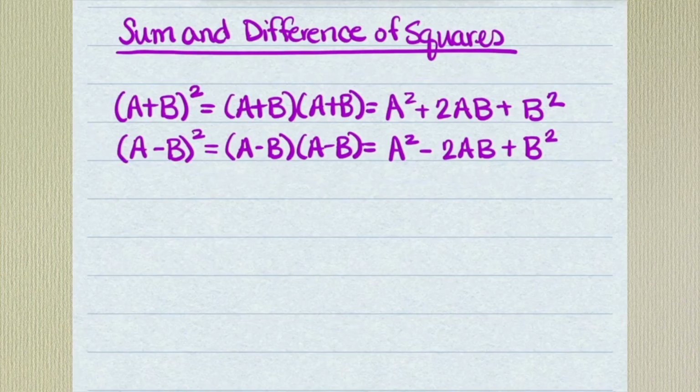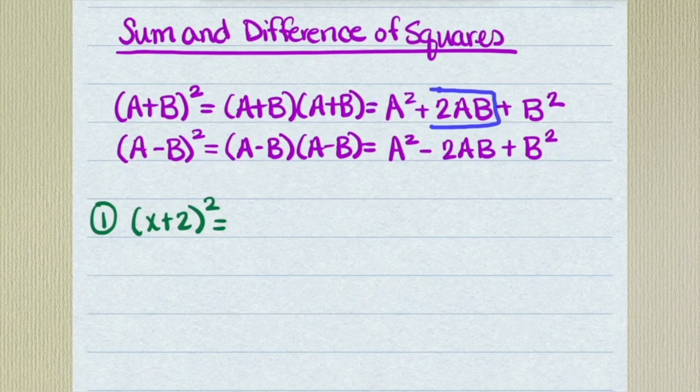So let's look at an example. If you have x plus 2 squared, the property says square the first term, take 2 times the first term and the second term, and then square the last term, because it's a plus.